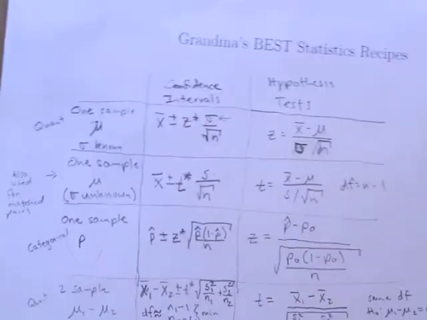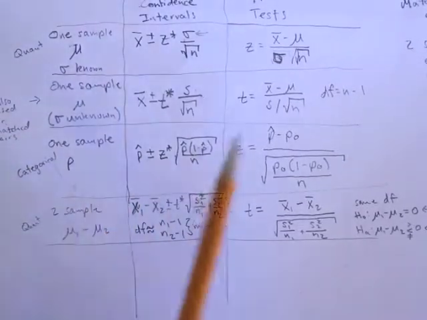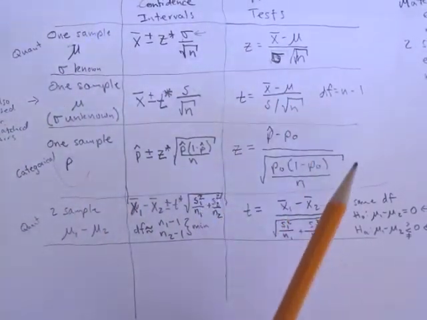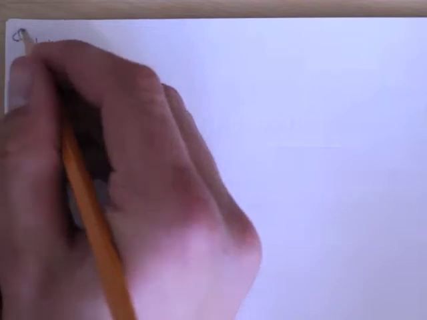So if we go to Grandma's Best Recipes, we have one sample proportion doing a hypothesis test, so we will be using this formula right here in that test. Now if you remember in our hypothesis test, step 1 is to state the hypothesis. And I'll start with the alternative.